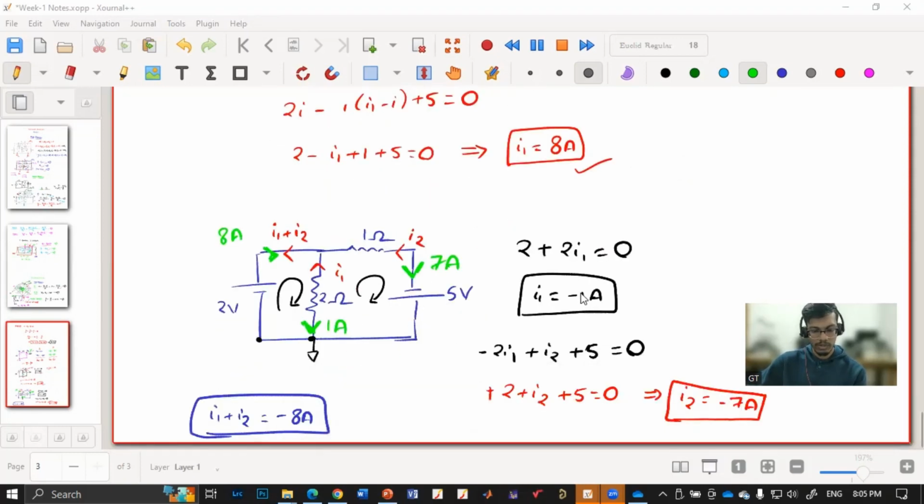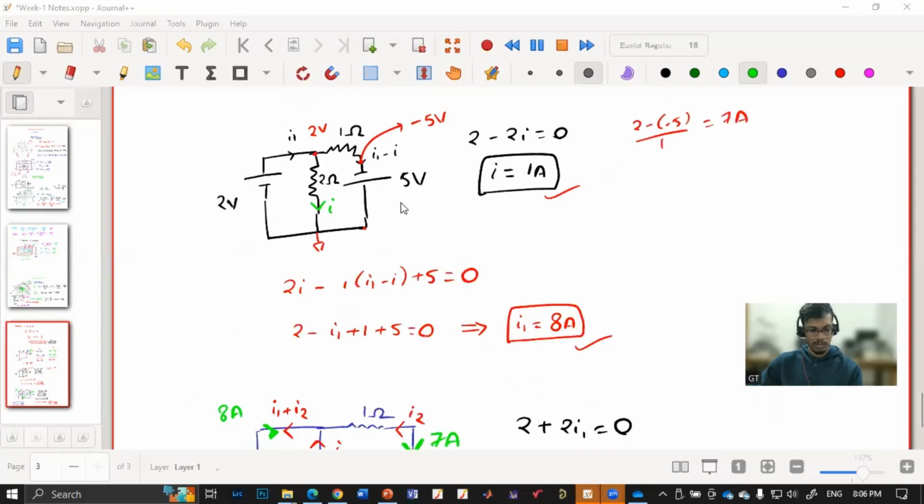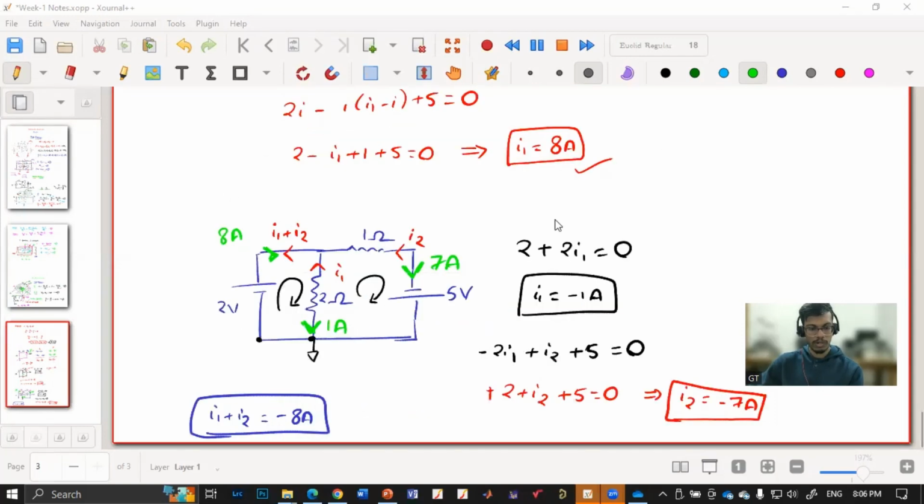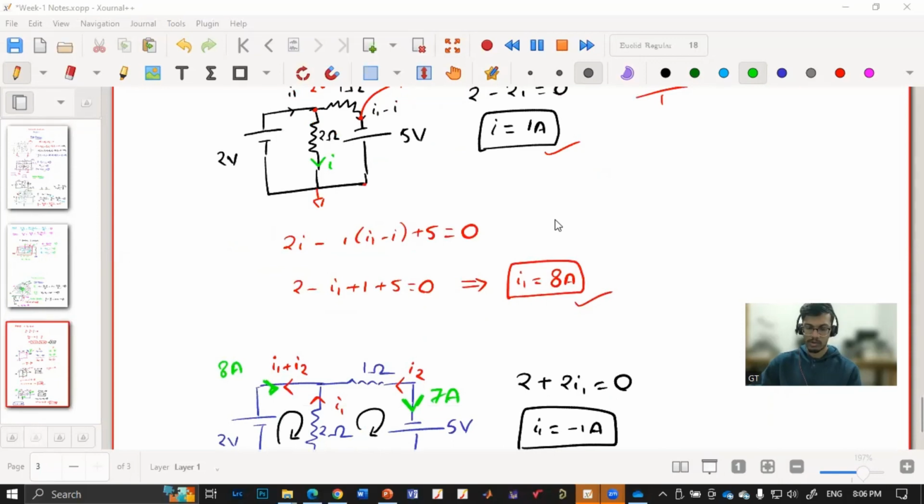There will be a negative sign if you have considered the opposite direction, which means the current is flowing in the other direction. But you should get the same answer. If you are not getting the same answer, it means you have made a mistake. So kindly check. I have randomly created one example and solved it to prove it to you, but you can take any other example in your assignment, whatever assignment there is in week 1. Consider the same question, solve it in 2 different ways, by considering 2 different conventions, and you will still get the same answers.